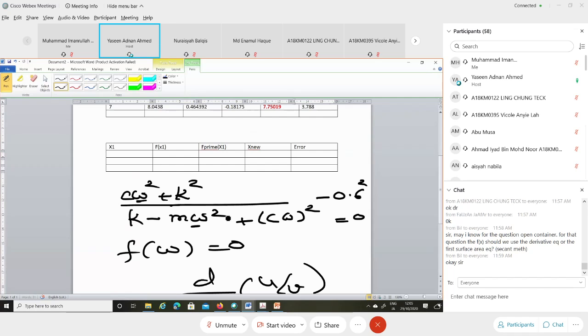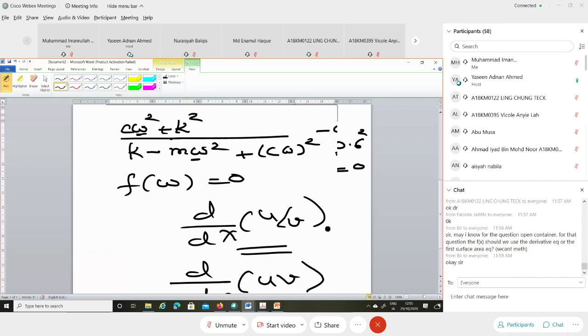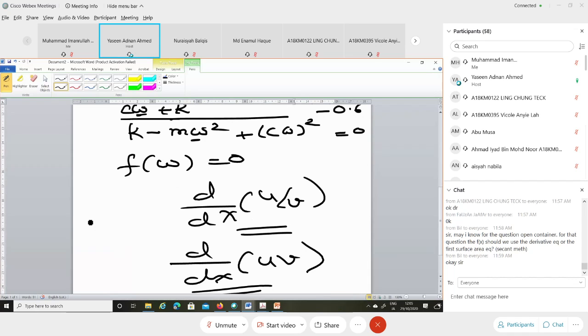So, derivative of u by v, or derivative of uv: how can you calculate the derivative of the product? You can write it this way. Just to give you an example, u by v, you can write u and consider v to the power of minus 1.